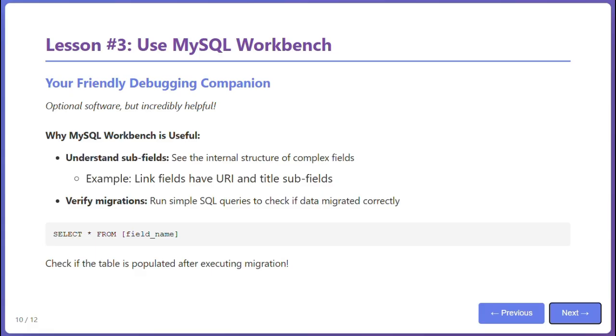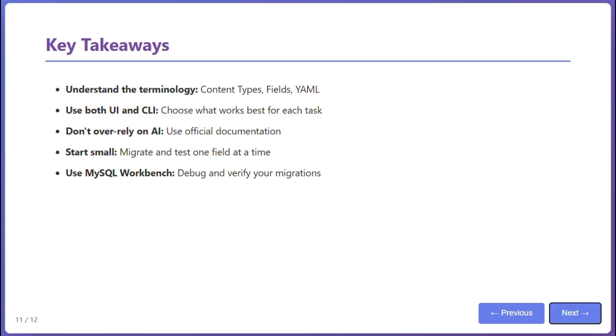So yeah, the key takeaways from this slide: I mentioned about the content types and the fields and the YAML. And I also mentioned we'll be looking into both the UI and CLI, and you can pick which works best for you. And most importantly, do not rely on AI too much.